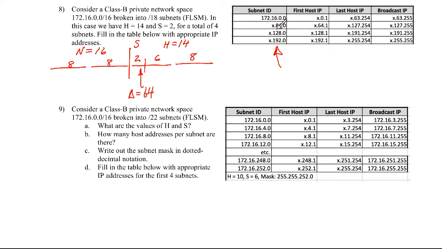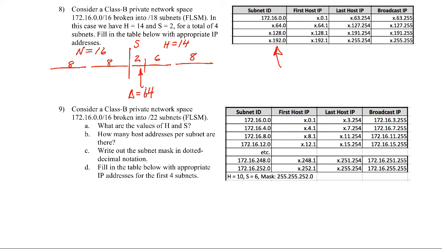Subtracting 1 from 64.0 is 63.255. Subtracting 1 from 128.0 is 127.255. Then 191.255. And finally, the next one would be 256.0, and subtracting 1 from that is 255.255.